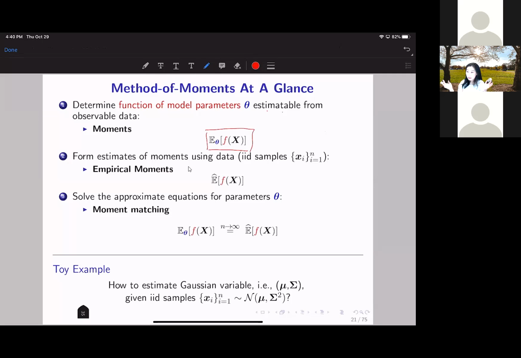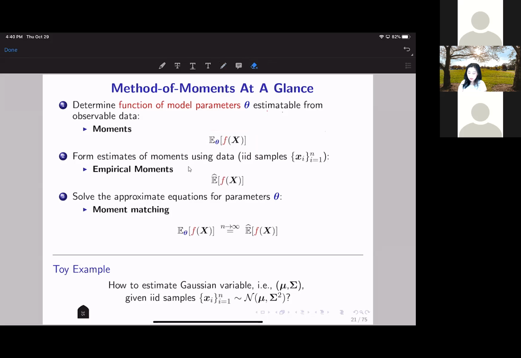That's what I mean. Now, is this clear? Of course, there is this caveat that I don't know what f is here. I gave you a simple example with f being the identity, so this becomes the expectation of x, right? But if you know the model parameters, then even if f is something else, as long as you know what f is, you should be able to write it out, right?